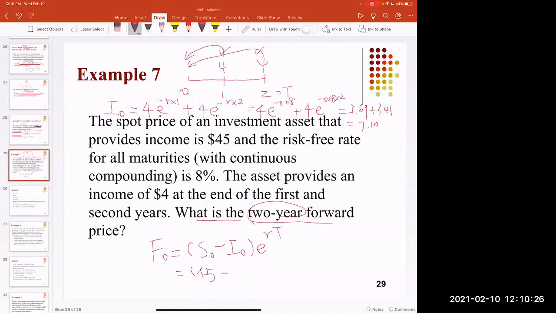Okay. So for I0, you should be able to calculate the present value of the two investment incomes, discounted back to time zero. So I0 is 7.1, and then we can plug into the formula for the forward price, where R is 0.08 and T is 2, since this is a 2-year contract. You should be able to get the forward price.